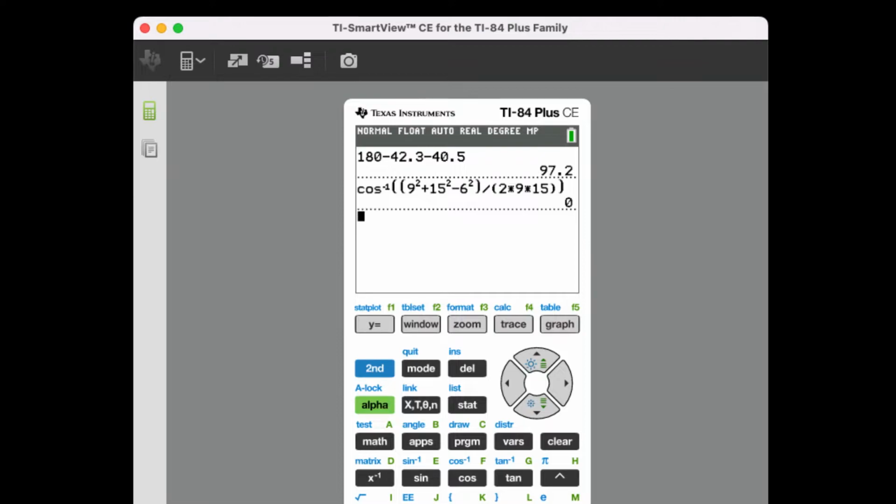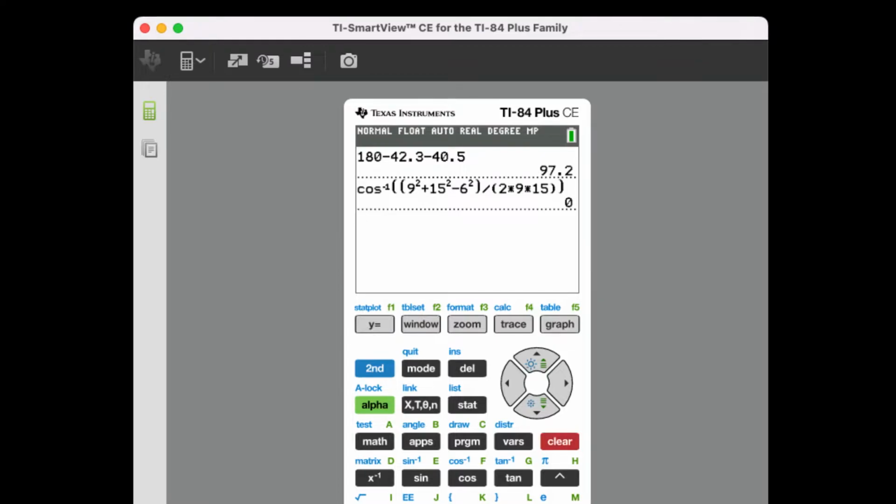Uh-oh. That's really odd. Did I do dimensions for a right triangle? What did I do? Oh, well, it should work out.